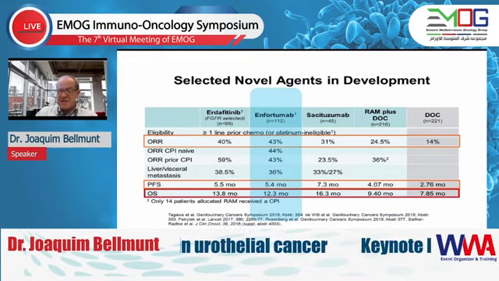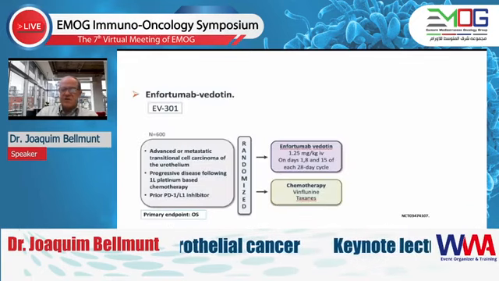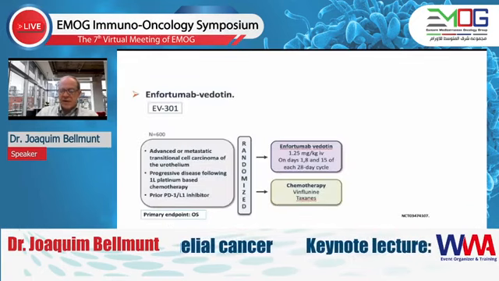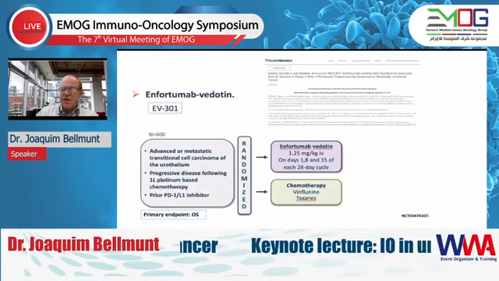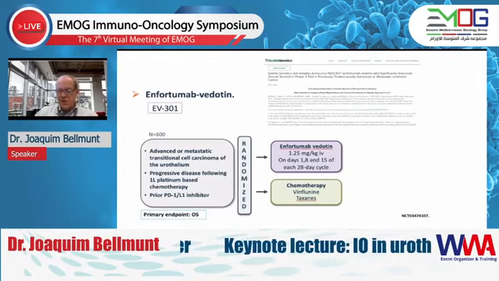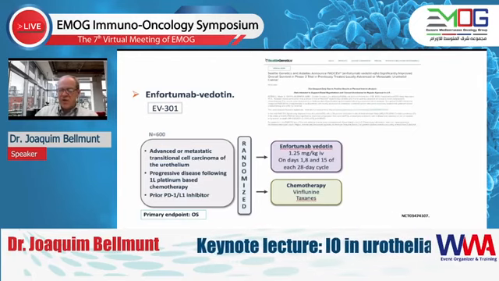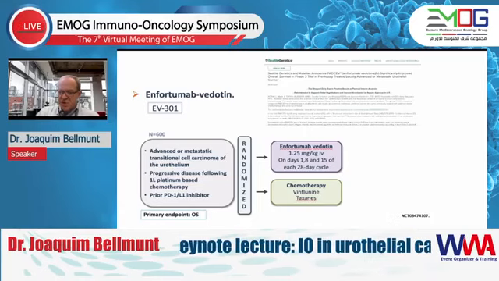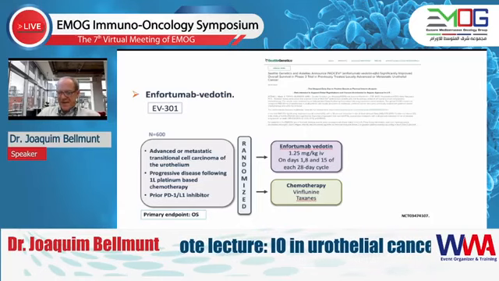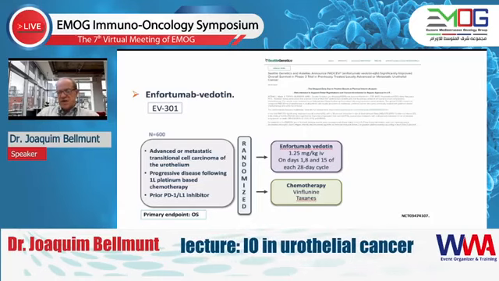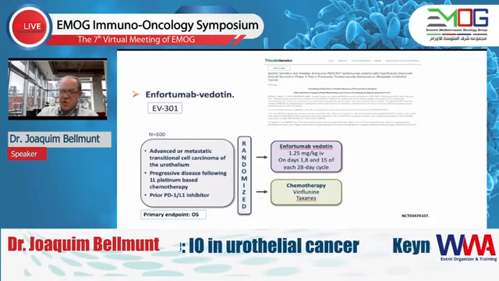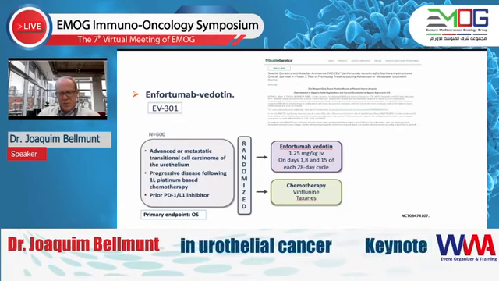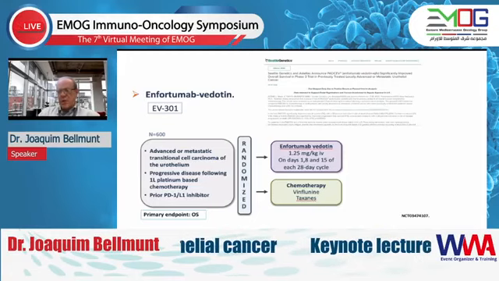But the most interesting thing is that now we have the results of this phase 3, the EV-301, that has also been published in the New England Journal, where in third line, meaning patients that failed chemotherapy and immunotherapy, patients were randomized to enfortumab vedotin versus chemotherapy, and there was a survival advantage in patients receiving enfortumab vedotin in this third line space. As mentioned, in the US, it was already approved and likely is going to be widely approved around the world because of the survival advantage that is of 4 months.